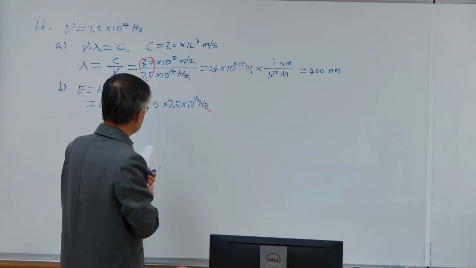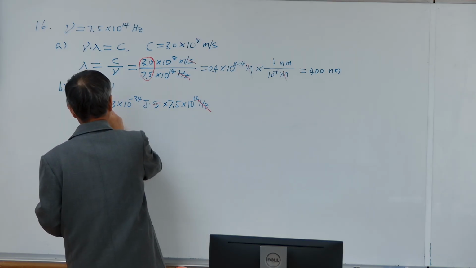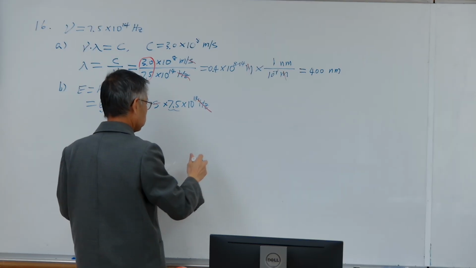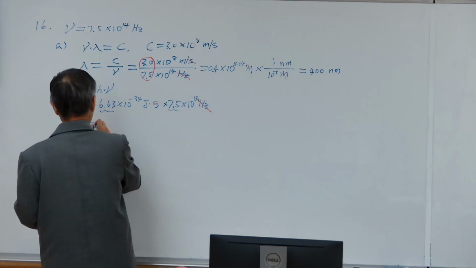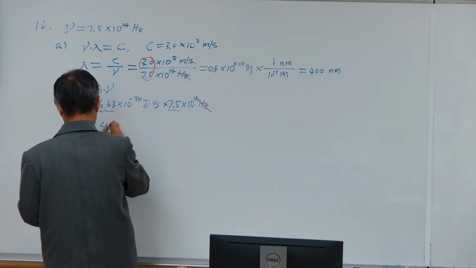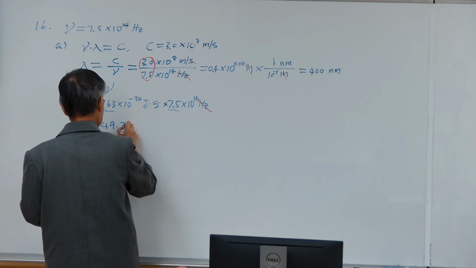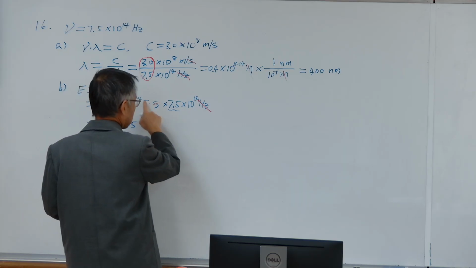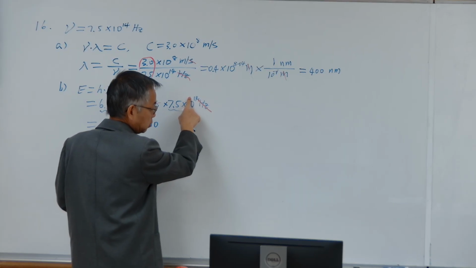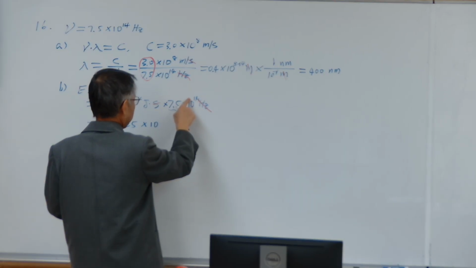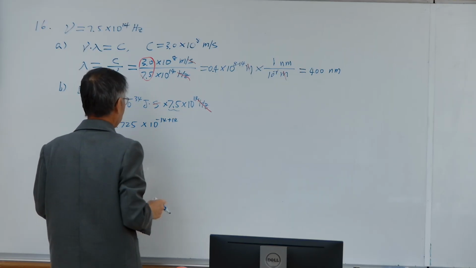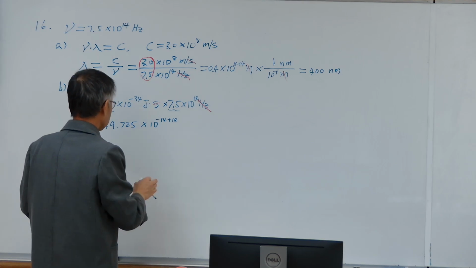Leftover joule. So use the calculator, find 6.63 times 7.5, which is 49.725. Exponent, negative 34 plus 14, is negative 20.